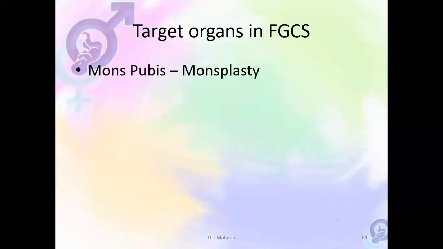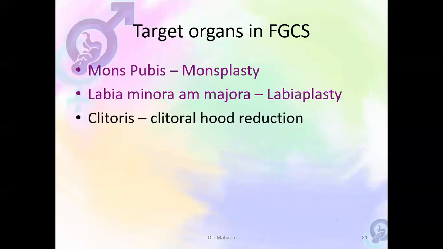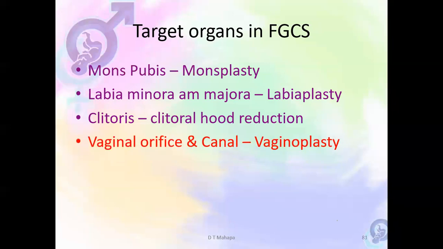The target organs for female genital cosmetic surgery start with the mons pubis. They do monsplasty if a woman has excessive mons. If they've got excessive labia minora, they can do labiaplasty, labia minoroplasty. If the clitoris is large, they do clitoral hood reduction. If the vaginal orifice is large, they do vaginoplasty.